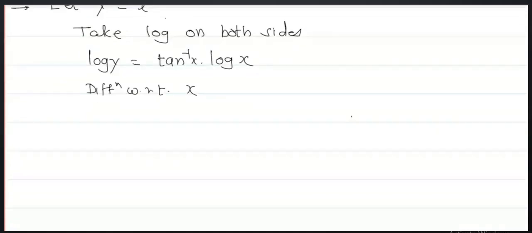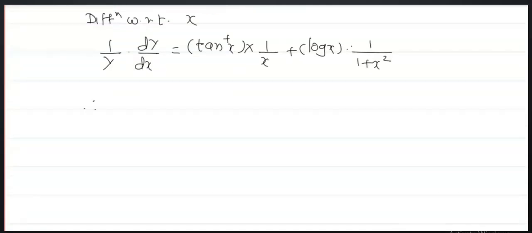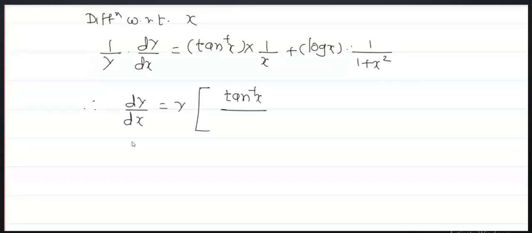That is 1 upon y into dy by dx is equal to tan inverse of x, derivative of log of x is 1 upon x, plus log of x into derivative of tan inverse of x is 1 upon 1 plus x square. Therefore, dy by dx is equal to y into in bracket tan inverse of x upon x plus log of x upon 1 plus x square.